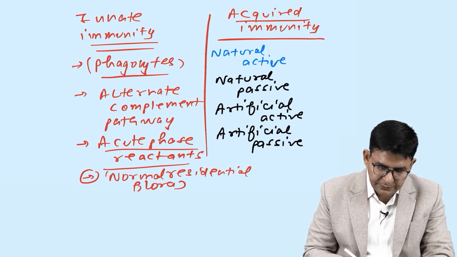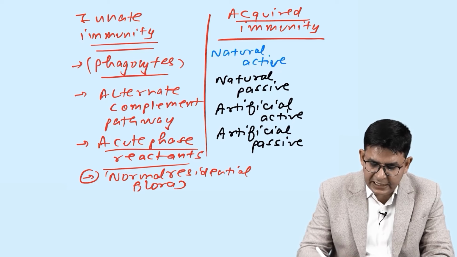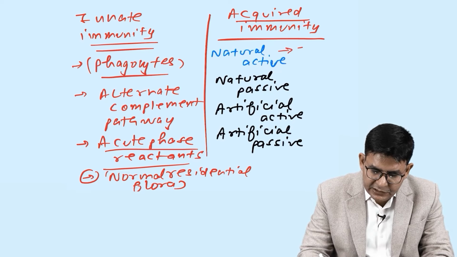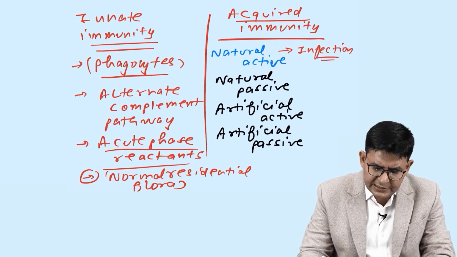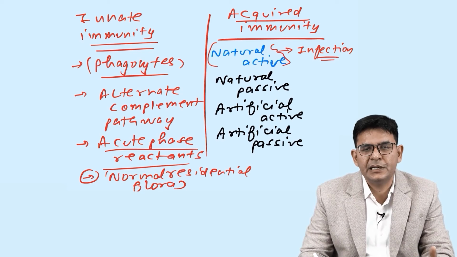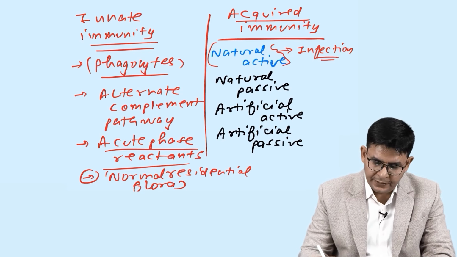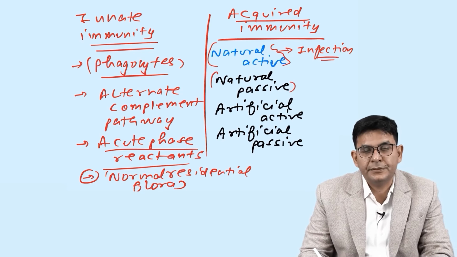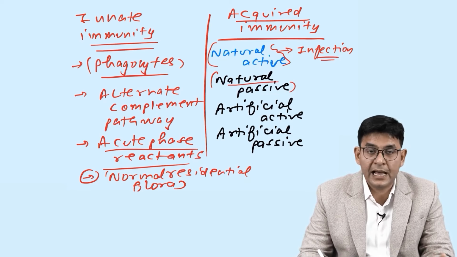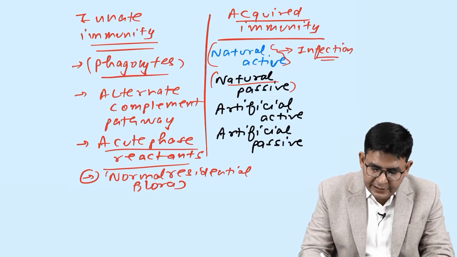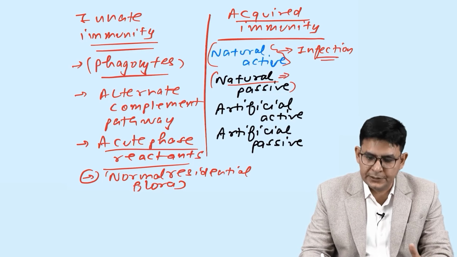Okay. Examples of them. The example of natural active immunity is any sort of infection. Like if somebody develops a viral infection, against that, antibodies are produced; that is natural and active. Natural and passive means the body has not done anything, that is passive, and it is through the natural way, a gift given in nature by the mother.